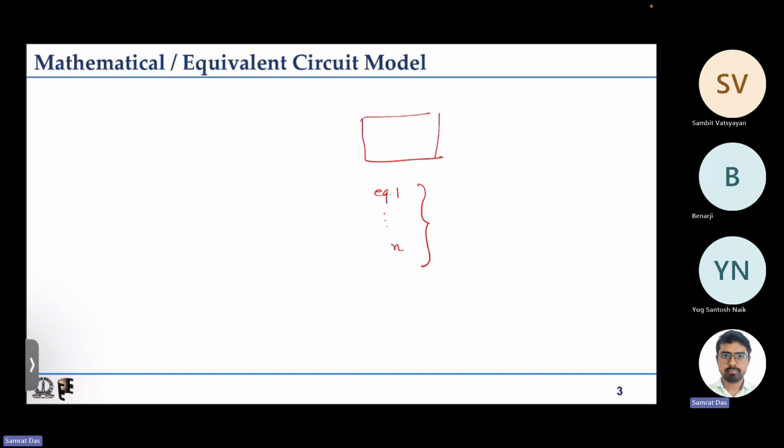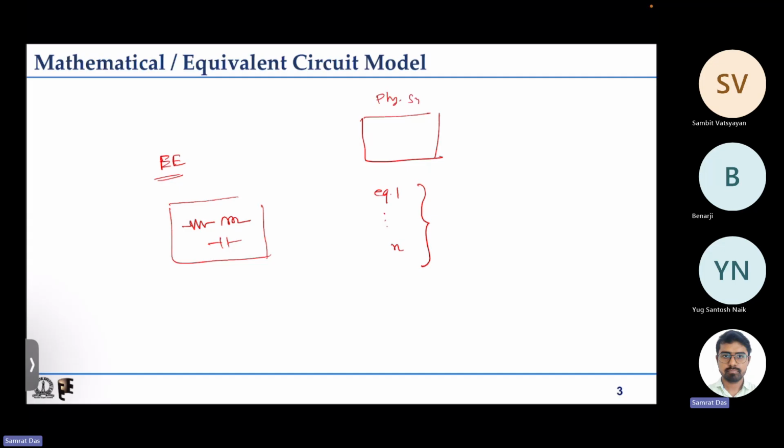And especially for electrical engineering, because we are more conversant with circuits, if we can manipulate those equations to represent the same phenomena in form of circuits incorporating some resistance, inductance and capacitance, then this represents the equivalent circuit model of the physical system.